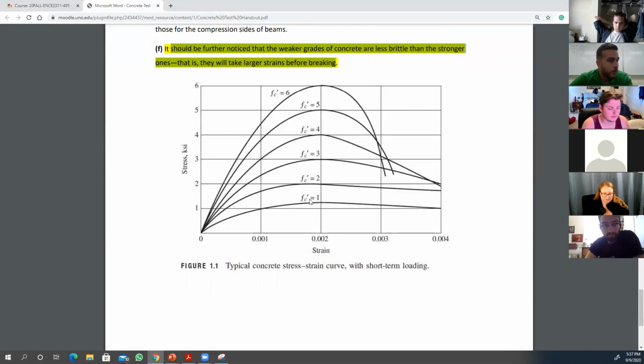It shows the curves for 1 KSI, 2 KSI, 3, 4, 5, 6 KSI concrete. If you look at the first curve, 1 KSI, before it fails, the deformation, the strain value per unit length, goes up to 0.004, as opposed to 6 KSI, look where it fails, 0.03. So if you have a weaker grade of concrete, it deforms more before breaking.